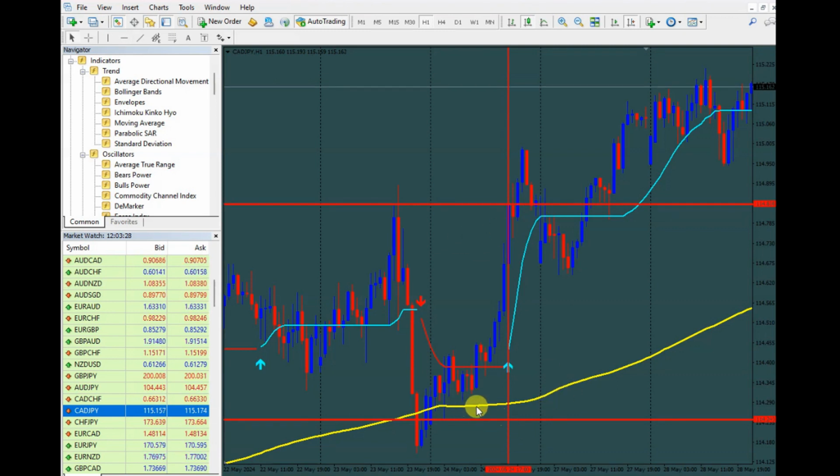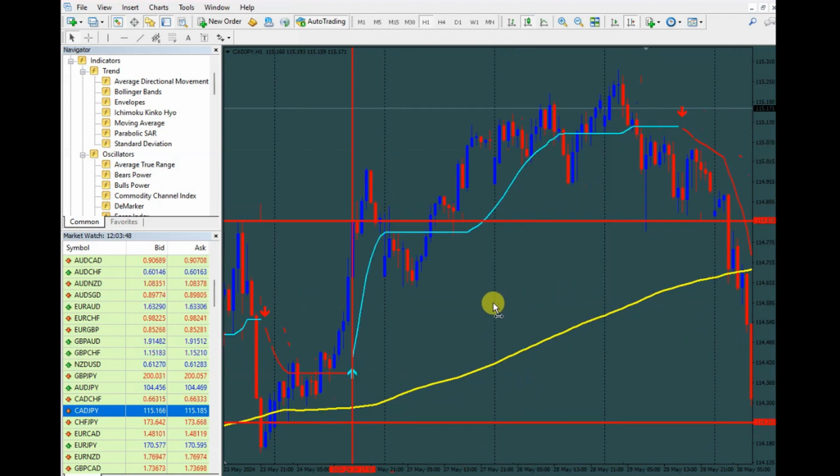So our stop loss will be here. If you check, you will see that the stop loss is approximately 60 pips. So our take profit will be 120 pips.